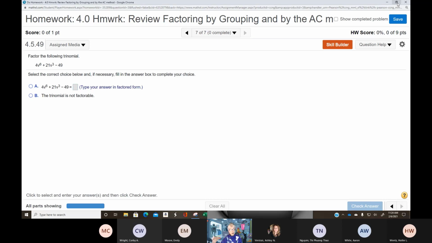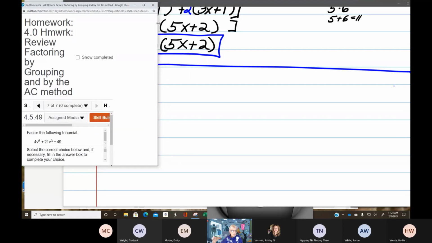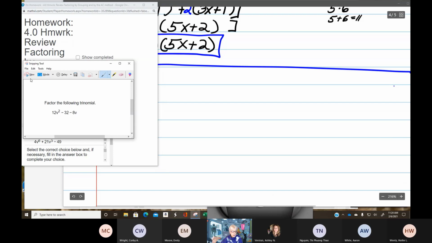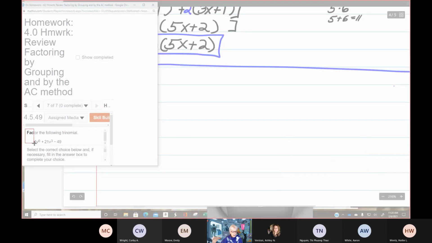Talk about putting it all together. I could just take a picture. Factor the following trinomial.